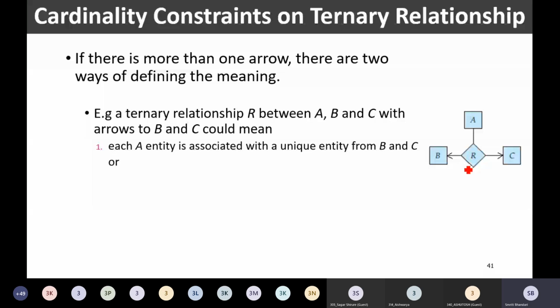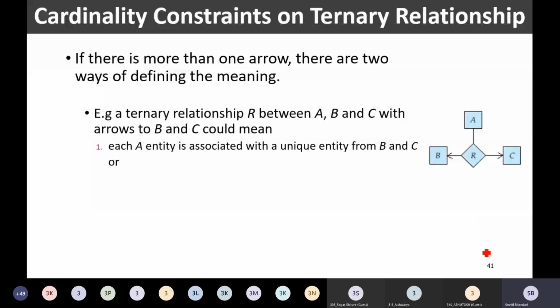Correct? So if this A is related with B and C, then each entity is associated with a unique entity from B and C, only one entity at the most. This is how we may interpret these two arrows represented in this diagram.